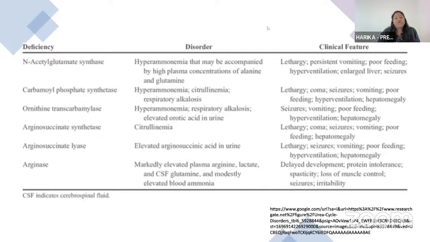So here are the disorders that can occur due to accumulation of urea in our body. If there is a deficiency of N-acetyl glutamate synthase, then you will suffer with hyperammonemia that may be accompanied by high plasma concentration of alanine and glutamine.